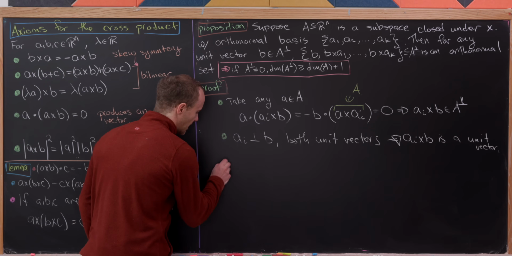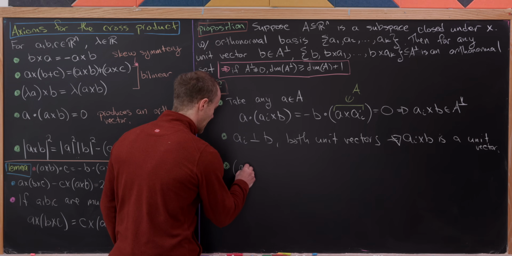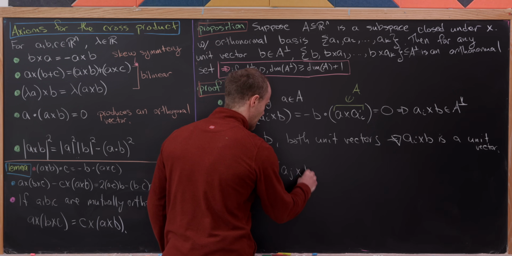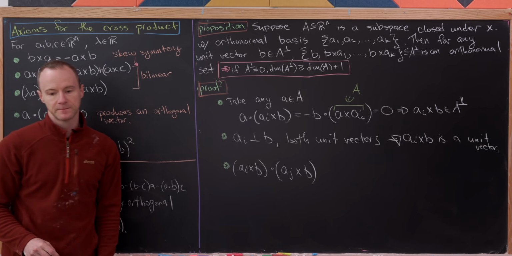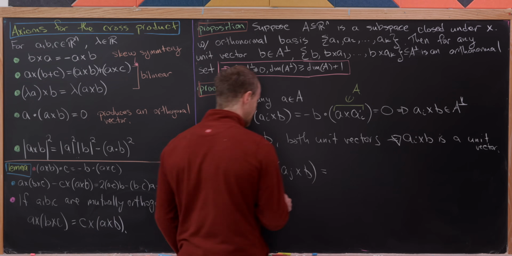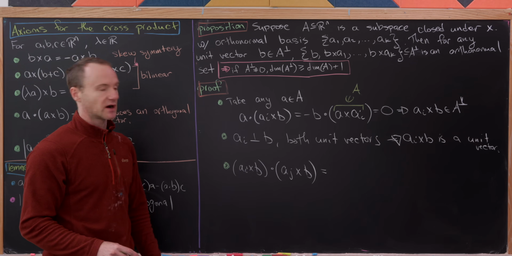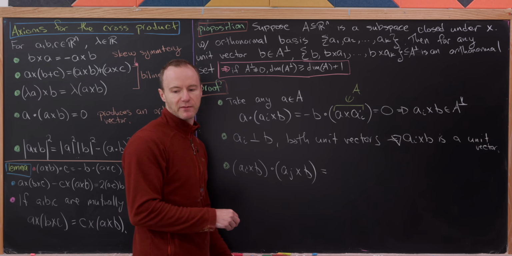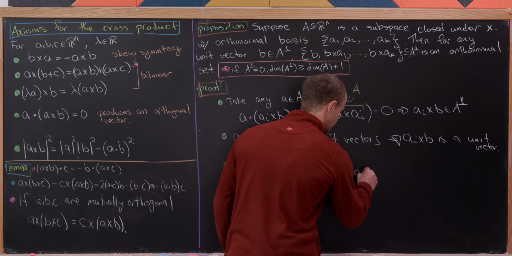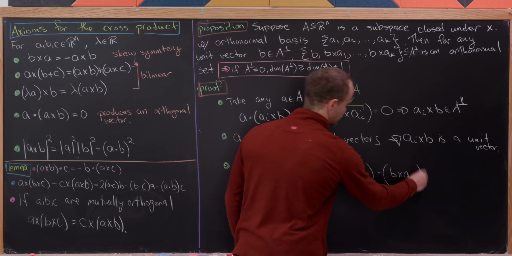So now let's show that all of the vectors in here are orthogonal to each other. That'll finish off everything that we need here. So let's take a_i cross b and we'll dot it into a_j cross b. But now let's switch some things around. This will be (-1) squared times b cross a_i dotted with b cross a_j, just by skew symmetry, but (-1) squared is clearly equal to 1, so that doesn't do anything. So we switch 2, which is like switching none.